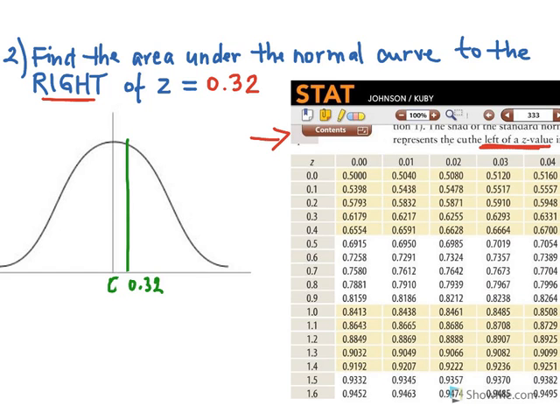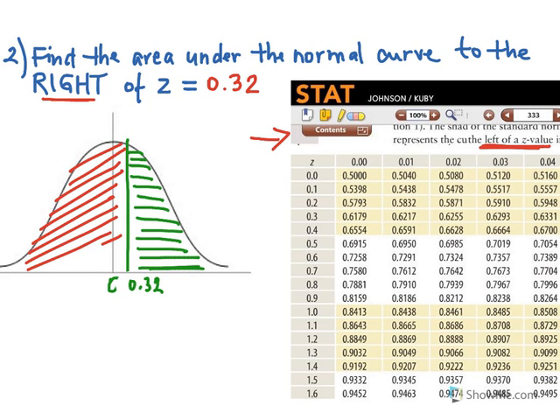Now we want the area to the right. Since we can't find that in the table, all we need to do is find the area to the left, because that's given in the table, and subtract that area from 1.